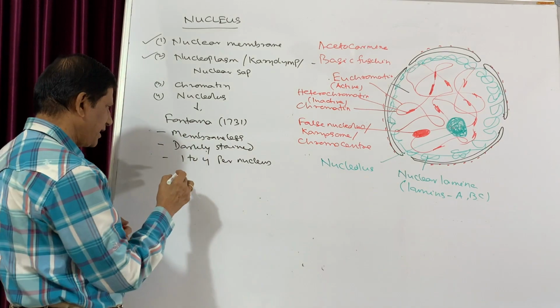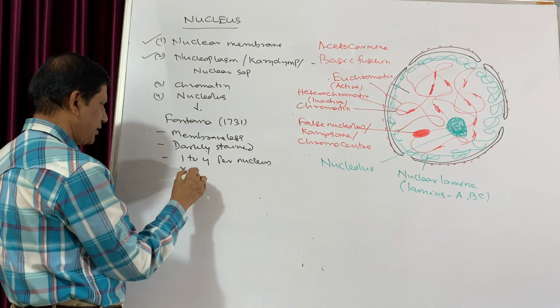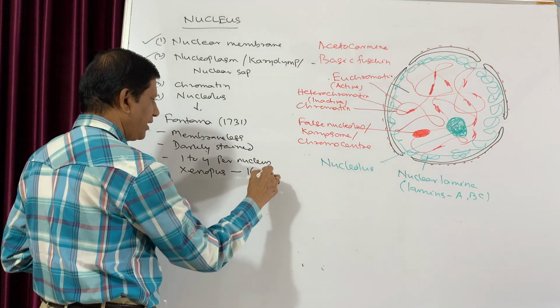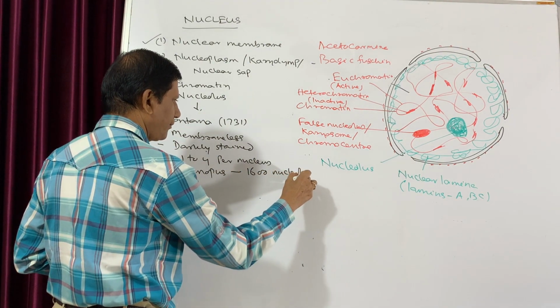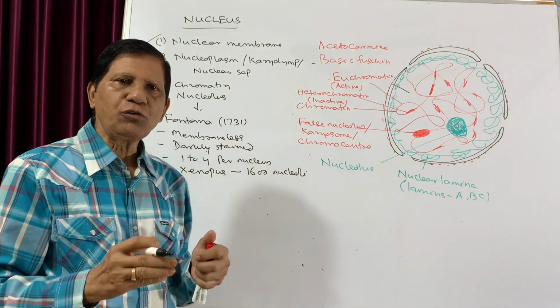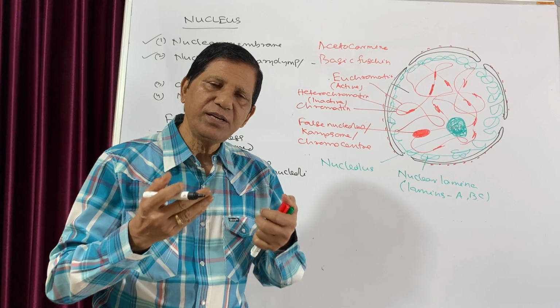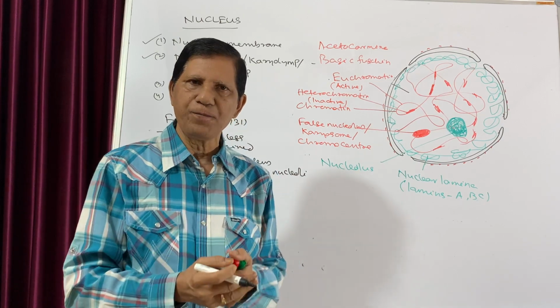But in case of Xenopus, it is found that there are 1600 nucleoli. So what will be the number of nucleoli? That again depends upon the activity of the nucleus, activity of the cell.